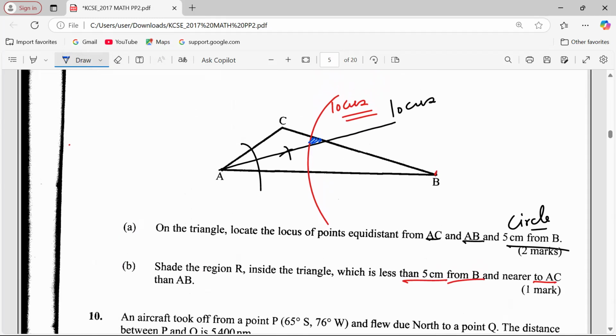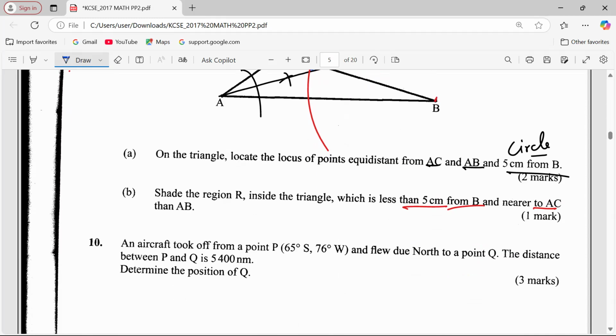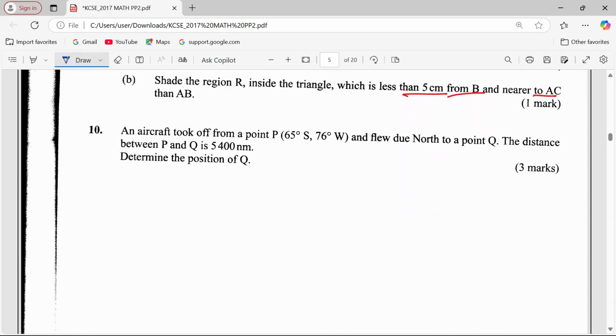So that we are nearer to AB than to BC, and also nearer to AC than BC, we need the upper side of the first locus. And so that we may be less than 5 centimeters, we need the inner side of the circle locus. So that is how we identify the loci.